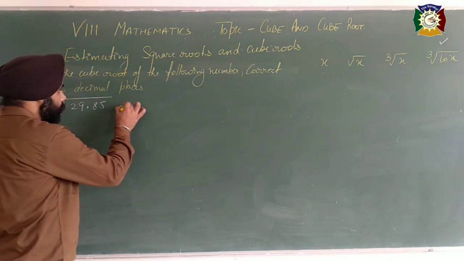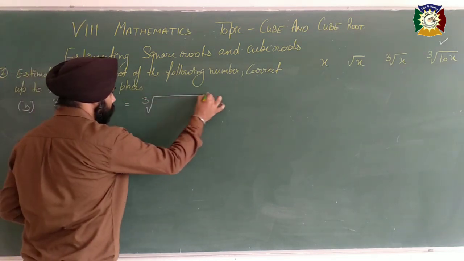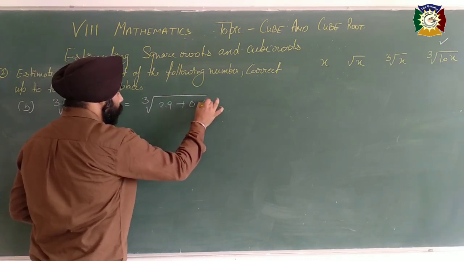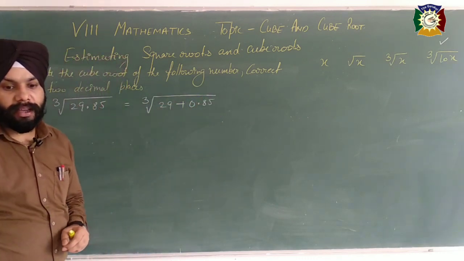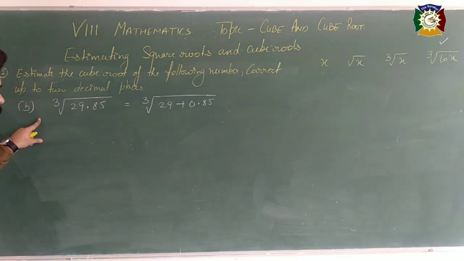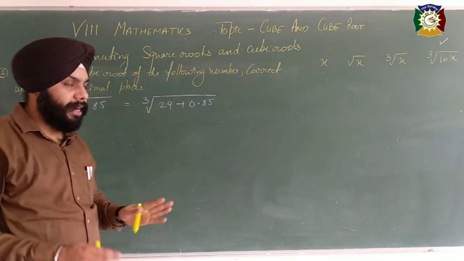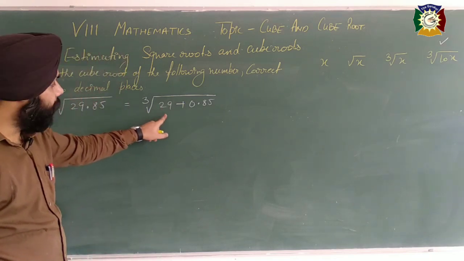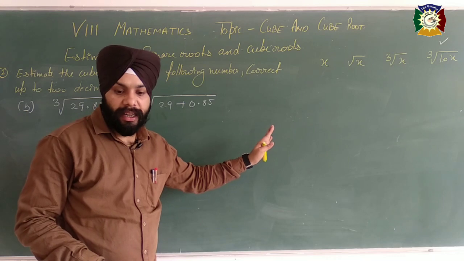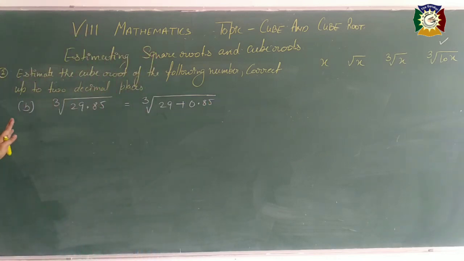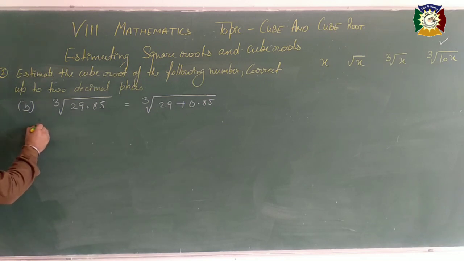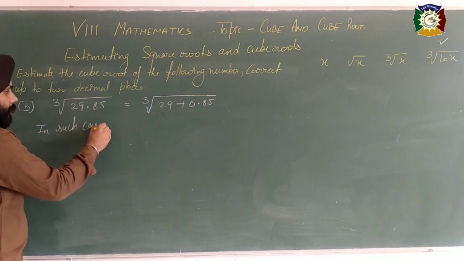This number can be expressed as 29 plus 0.85. In such cases, we find the approximate difference between the cube roots of 29 and the very next number, 30, using the table.